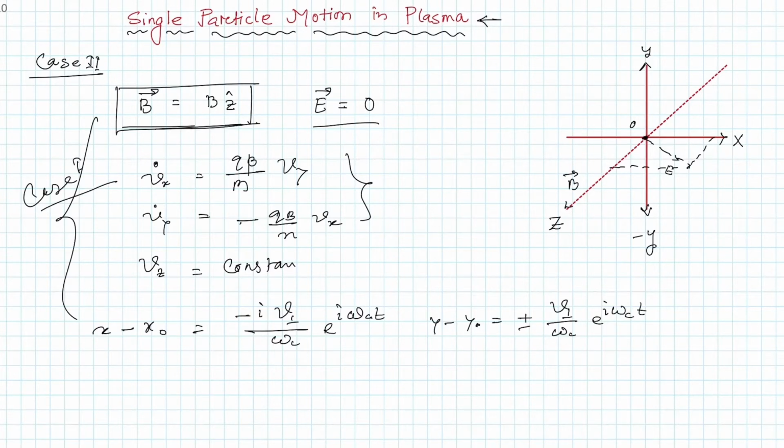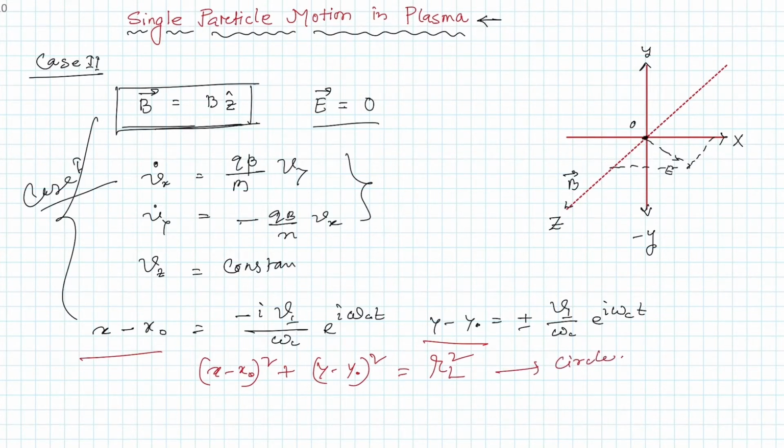And these two satisfy this equation, that is (x minus x naught) whole square plus (y minus y naught) whole square is equal to rL square, which is an equation of a circle of radius rL, known as the Larmor radius.